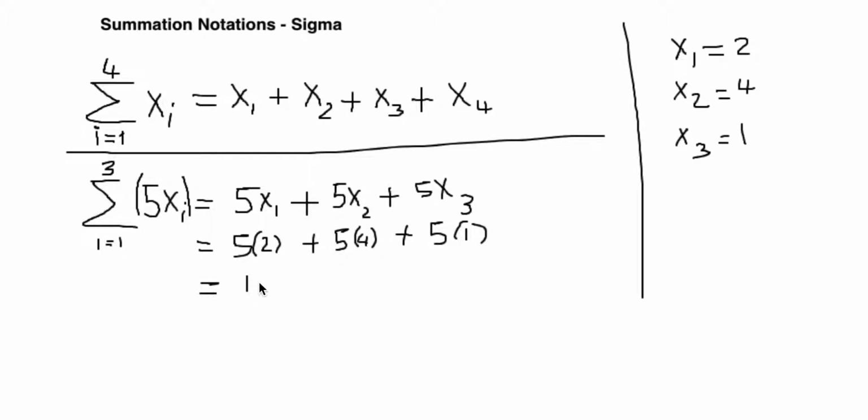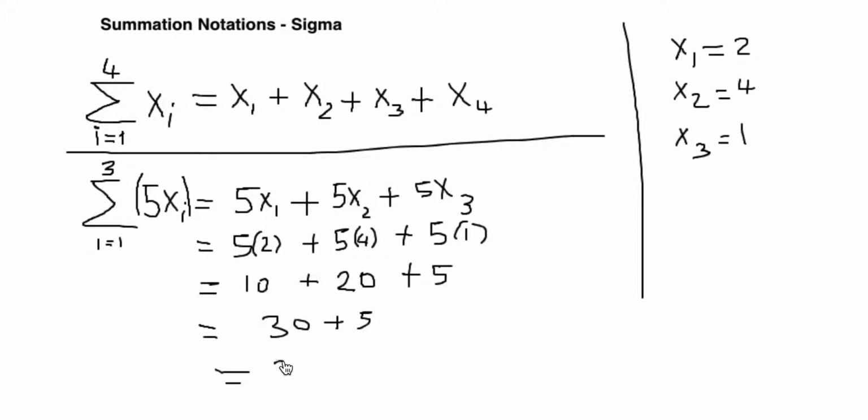So 5 times 2 is 10, and then plus 5 times 4 is 20, and then we do the same with the last one, which is 5 times 1 is 5. Now when you add these numbers, 10 and 20 is 30, and then we add 5, the last term, and of course 30 plus 5 is 35.